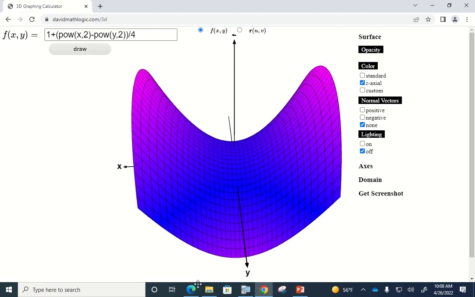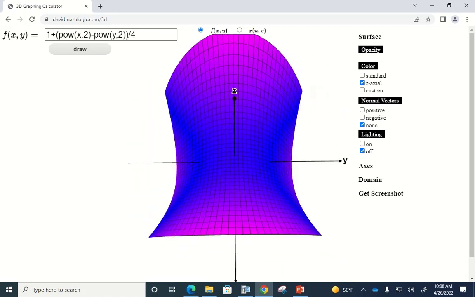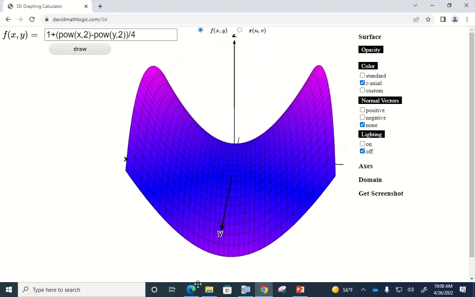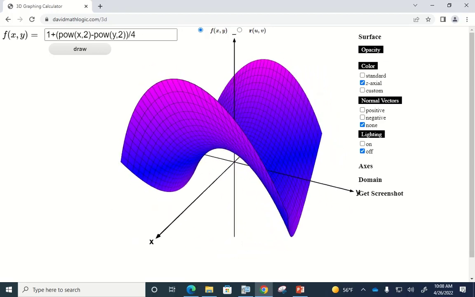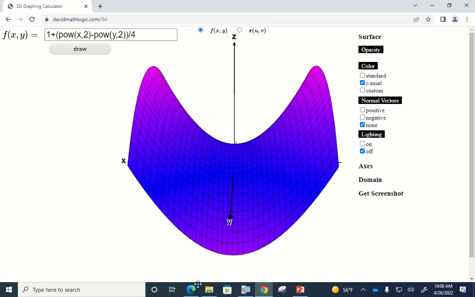Each of these lines on the curve is either parallel to the y-axis or it's parallel to the x-axis. The partial derivative is telling you the slope of that little line as it's locked into some constant value in one direction.